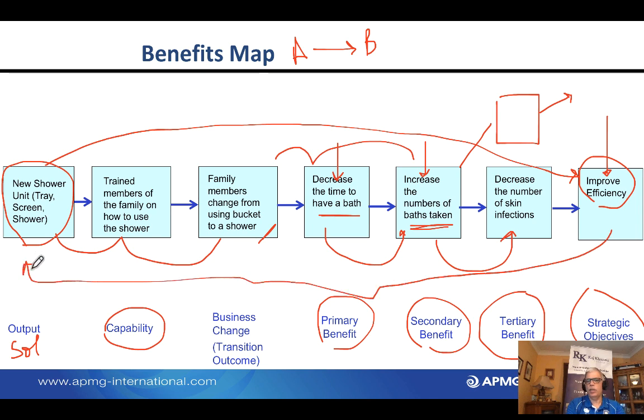But we're not going to do it in this for the moment, but just to show what a benefits map looks like. The benefits map doesn't finally say how you're going to measure the benefit. That makes it very complicated. So I hope you can see, for a simple initiative like replacing the bucket system with a shower system, what our benefits map would look like.